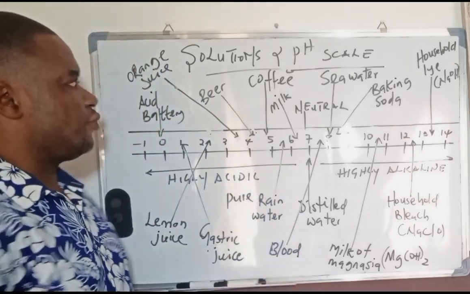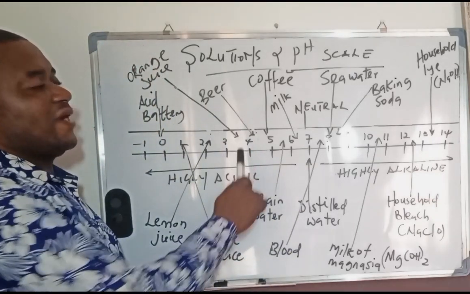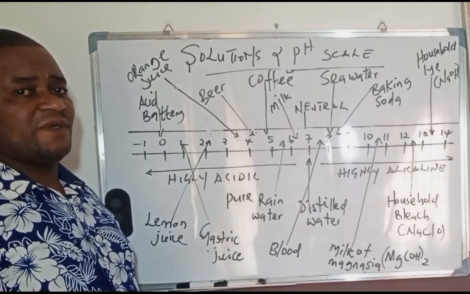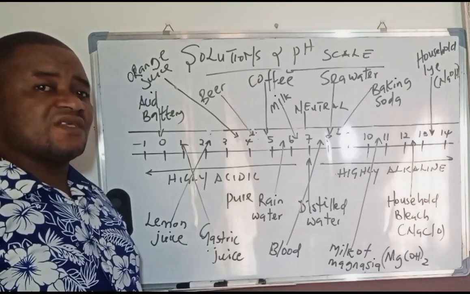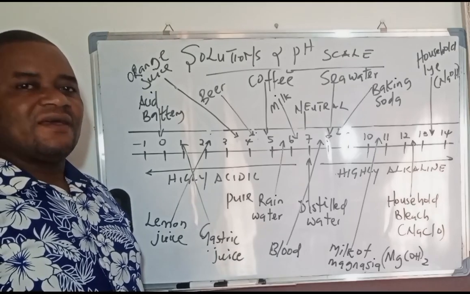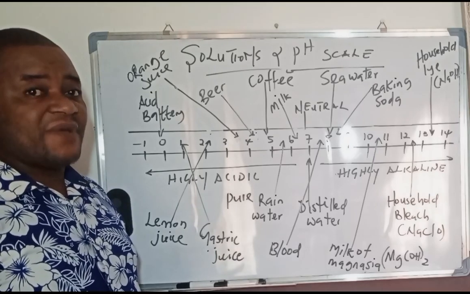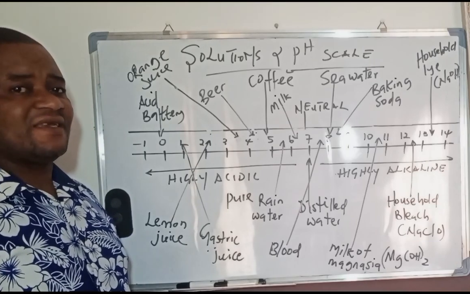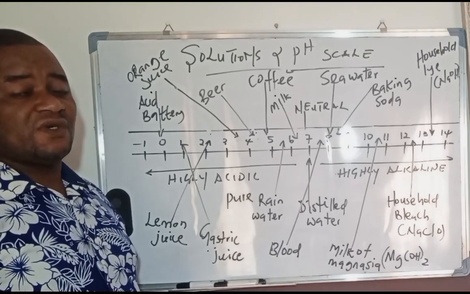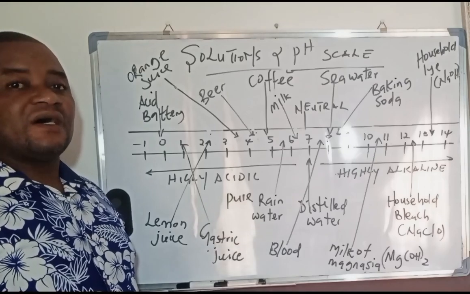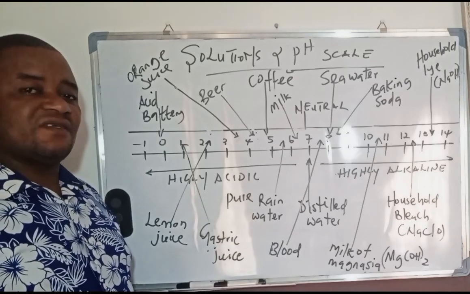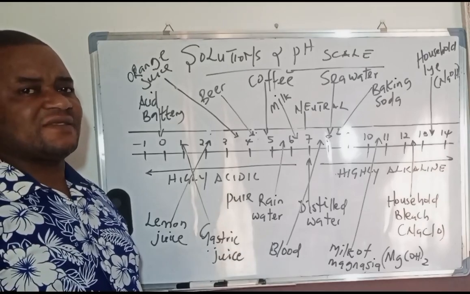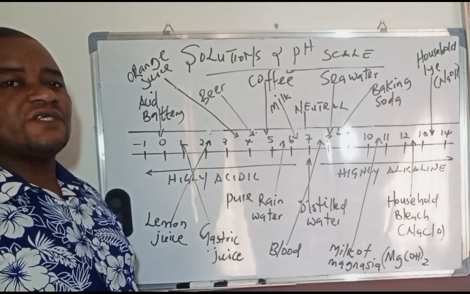The pH scale allows you to define whether that substance is acidic or basic, as the case may be, and whether it is strongly basic or strongly acidic, or weakly basic or weakly acidic. If it is strongly acidic, it has its own detrimental effects. If it is a weak acid, it also has its own detrimental effects. The same thing applies to a weak base or a strong base.